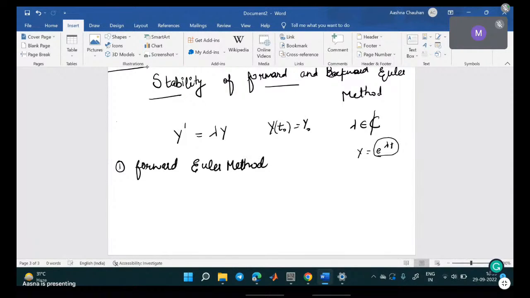I'm not writing the correct solution, but it comes into this form when we solve in general this 1D ordinary differential equation. So first order ordinary differential equation, then we get this type of solution. And for what value of lambda is this solution convergent? Obviously lambda should be negative. अगर lambda positive हो गया and lambda goes to infinity, solution goes to infinity, तो उस केस में solution की stability loss हो गई.